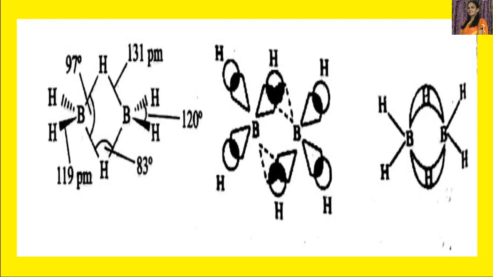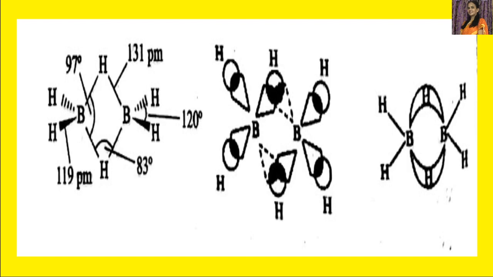Only two electrons are there, one from hydrogen and another from this particular boron. This sp3 orbital of this particular boron participates in the overlapping without any electron.